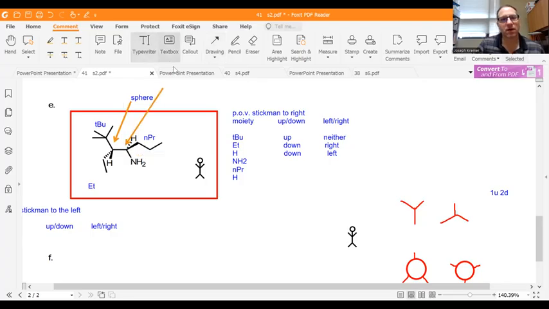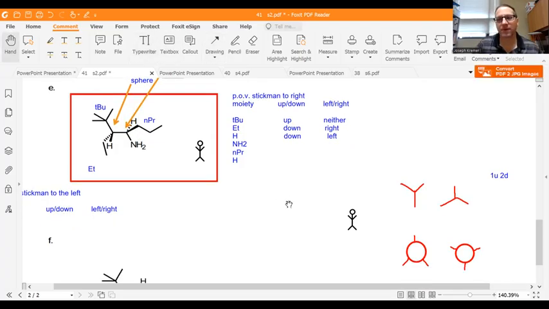This is the spoke carbon. I should have been doing that for the sphere, and I barely caught myself. Thankfully I did. One up and two down. Well, it looks like this is the correct entry to use, and now I'll get going in a correct fashion.